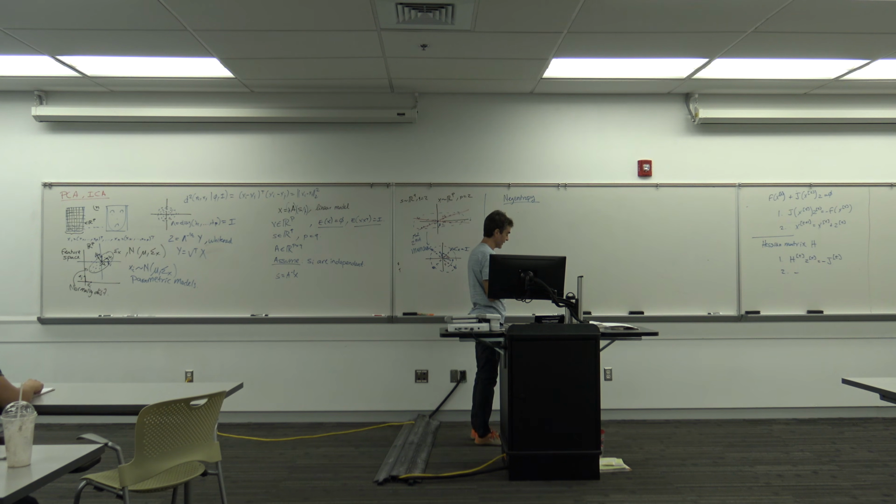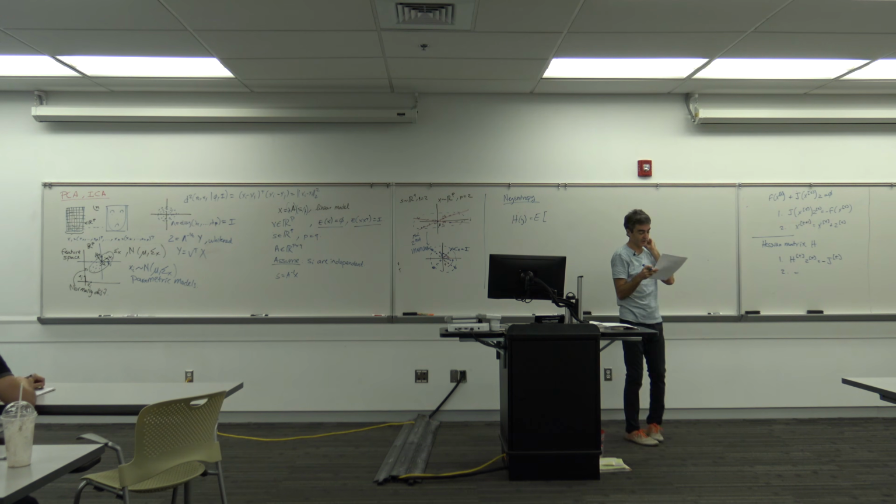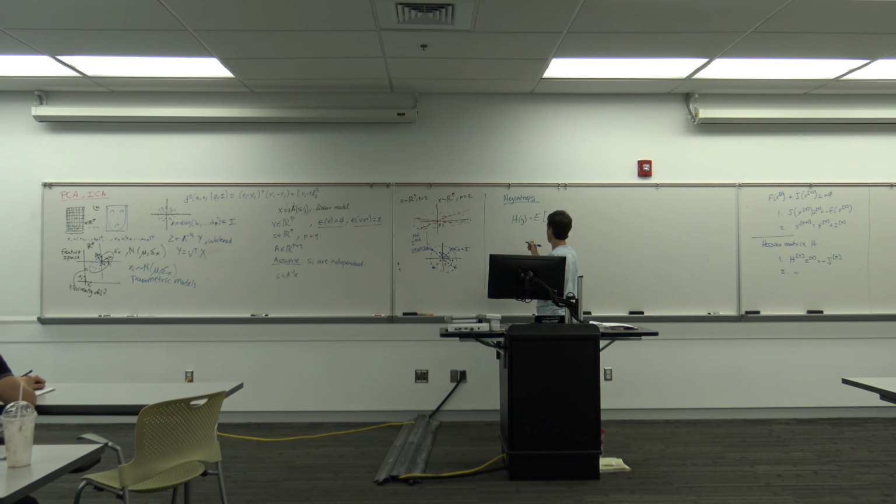So I'm going to define the entropy h of y. Okay, that's weird notation. That's not the Hessian. This is entropy. I don't know why I used the same. My bad. Anyways, the mutual information. I'm sorry, this is the mutual information, not the entropy.